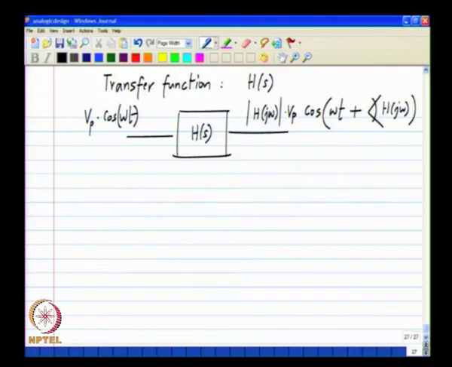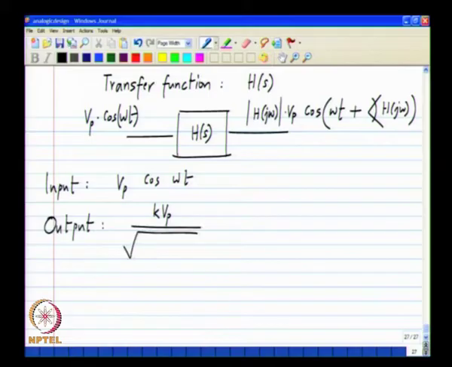So, we will examine this for our particular case. If we apply an input of V p cos omega t to our amplifier, the output will be k V p by square root of 1 plus omega square k square by omega u square.